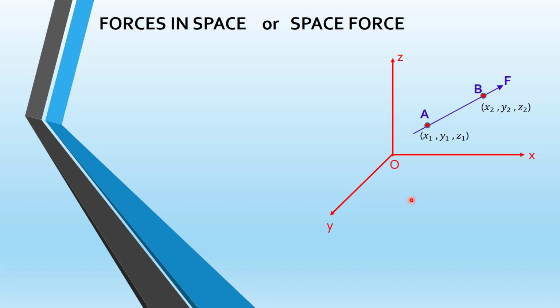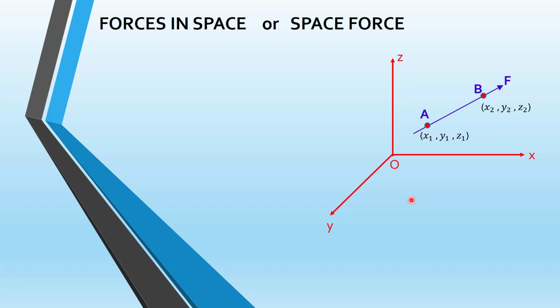Similarly, we found the algebraic sum of all the vertical components. And finally, we found the resultant using the equation R is equal to square root of sigma v square plus sigma h square, where sigma v is the algebraic sum of all the vertical forces and sigma h was the algebraic sum of all the horizontal forces.